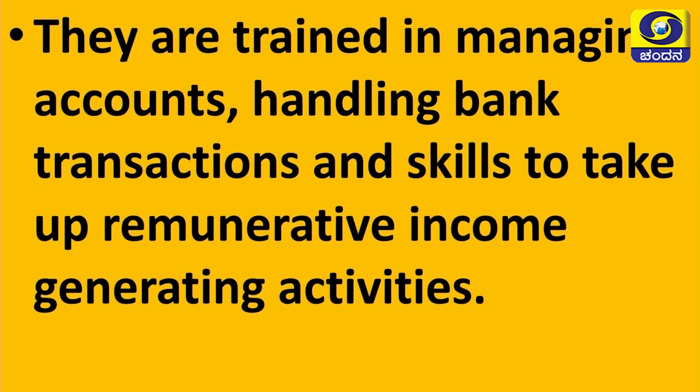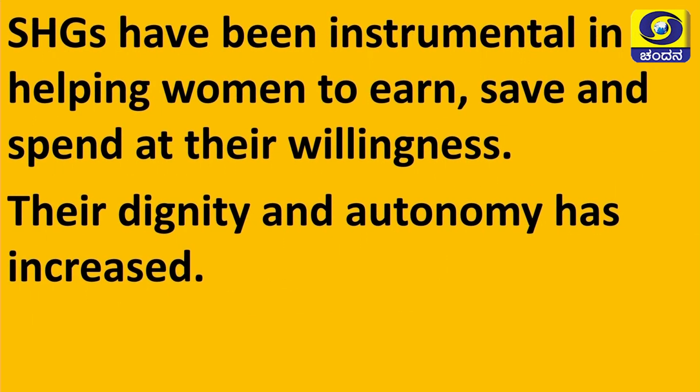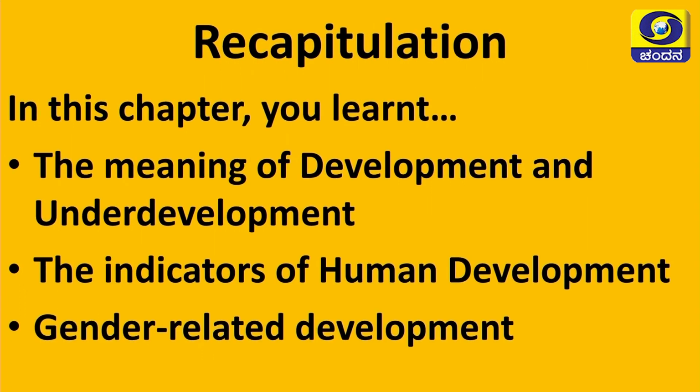They are trained in managing accounts, handling bank transactions, and are even given skills to take up remunerative income generating activities. SHGs have been instrumental in helping women to earn, save and spend at their willingness. This has increased their dignity and autonomy. So, this is what you need to observe.